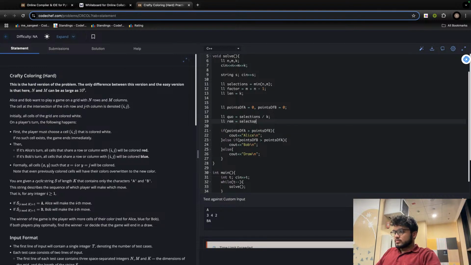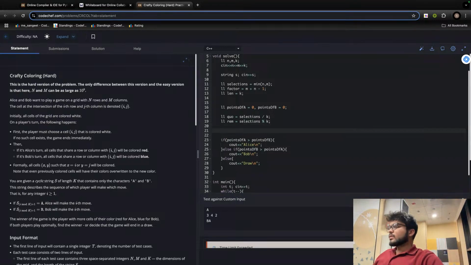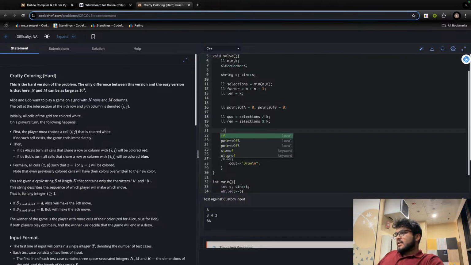Same thing, mod k. Now we know what the cases can be.